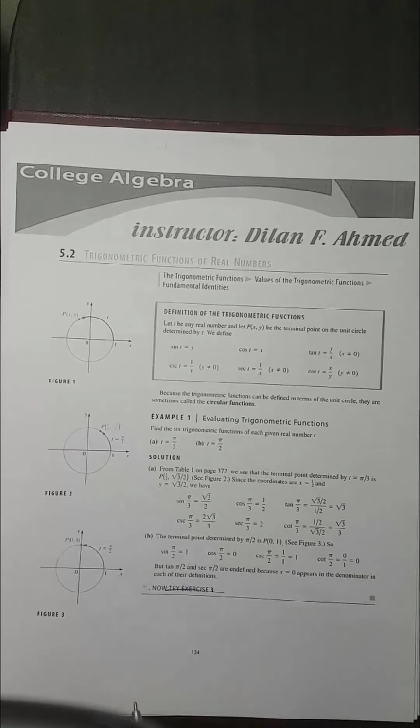So theta, sine, cosine, or maybe tan. Now 0, pi over 6, pi over 4, pi over 3, pi over 2, is equal to 30, 45, 60, and 90 degrees.